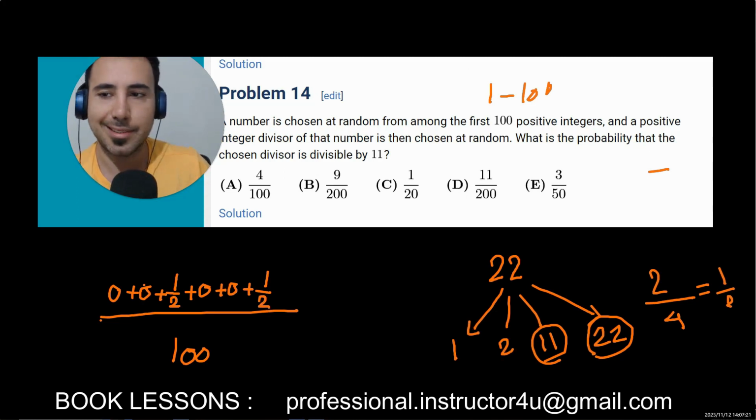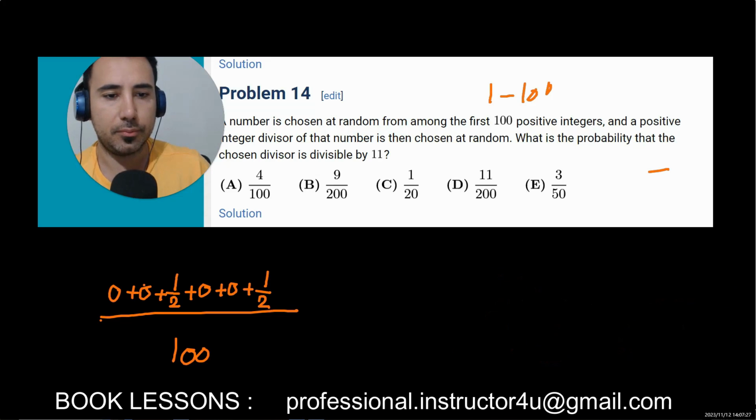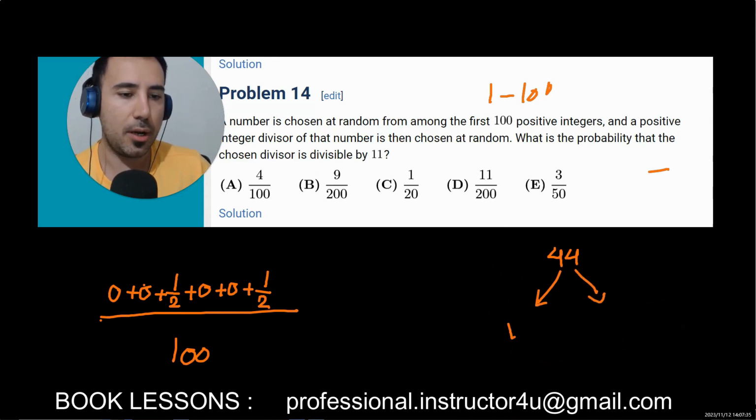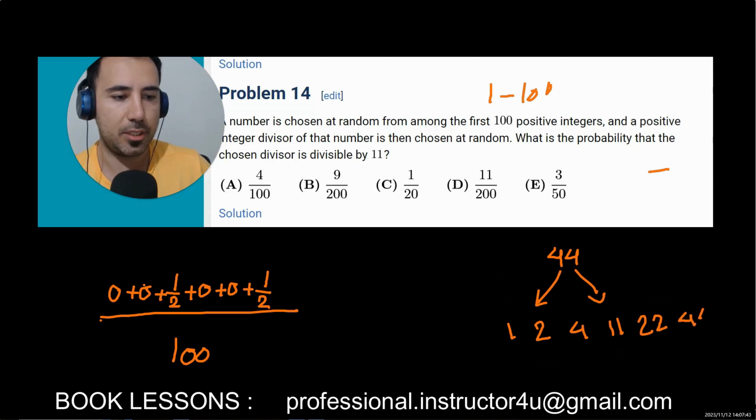It's going to be exactly the same thing because it's going to have 1, 3, 11, and 33. So let's check 44 because 44 will have more factors: 1, 2, 4, 11, 22, and 44. Again, it will be 3 over 6.